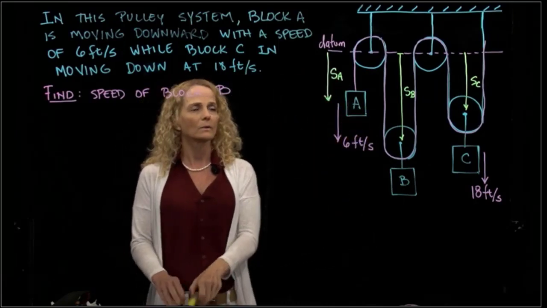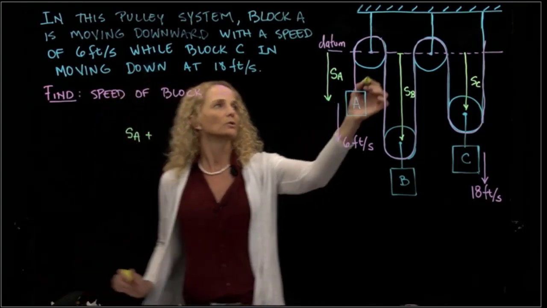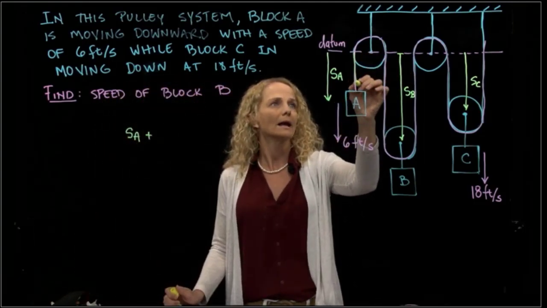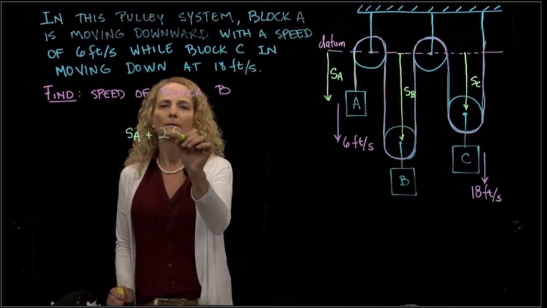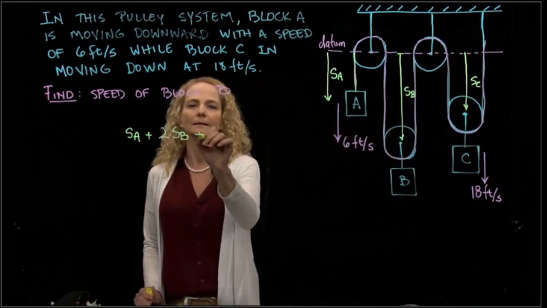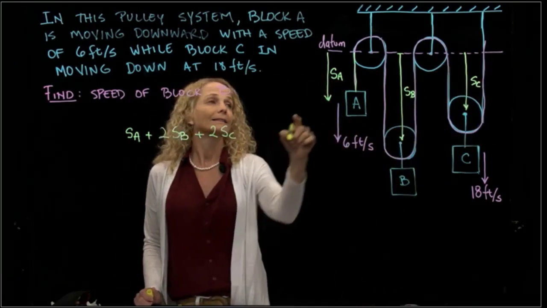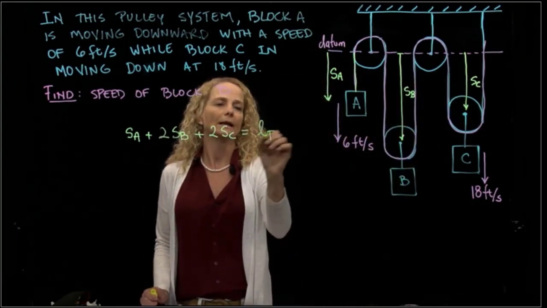So we can write the equation SA plus, you see here I have 1 SA, 2 SB, and 2 SC, and all that is equal to the total length.